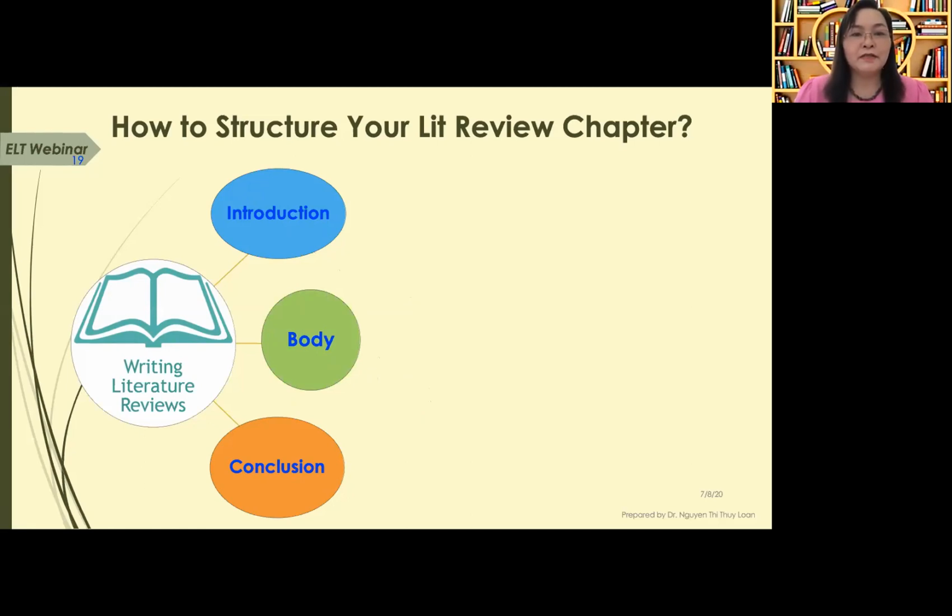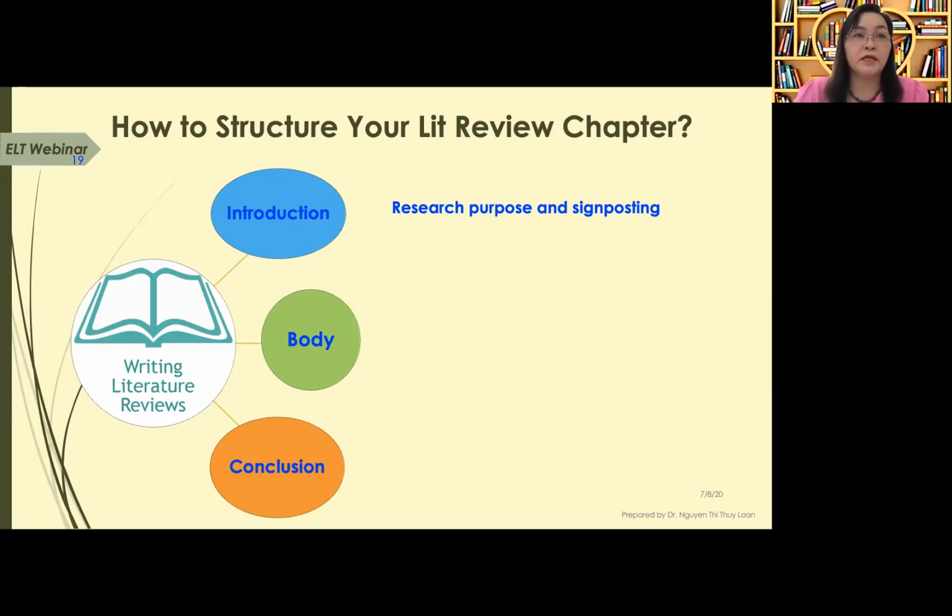First, at the beginning of your literature review chapter, you need to remind the reader of your research purpose and your research objectives. And you need to use some signposts to show how you structure the chapter. For example, you have three topics or aspects to review in this chapter.